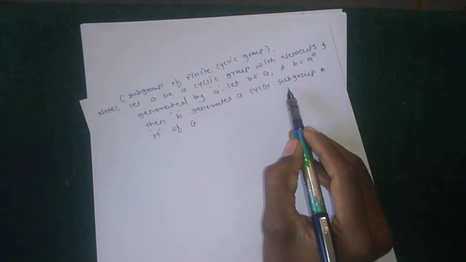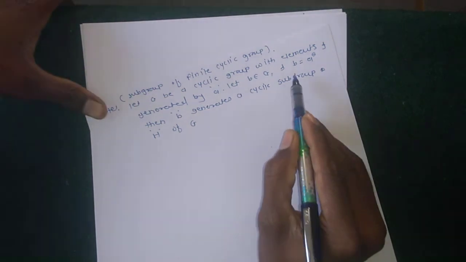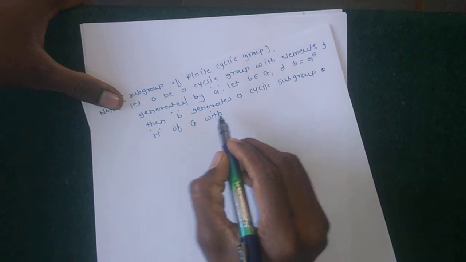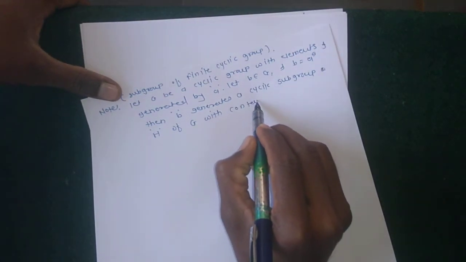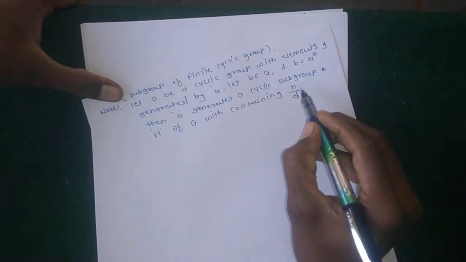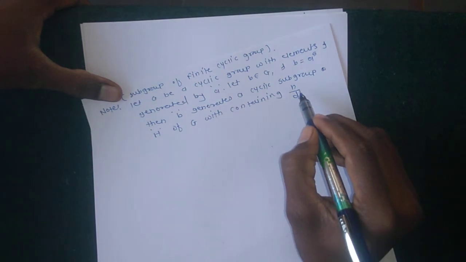G has a subgroup generated by b, call it H, containing n by d elements, where n is the order of group G and d is a divisor of n.